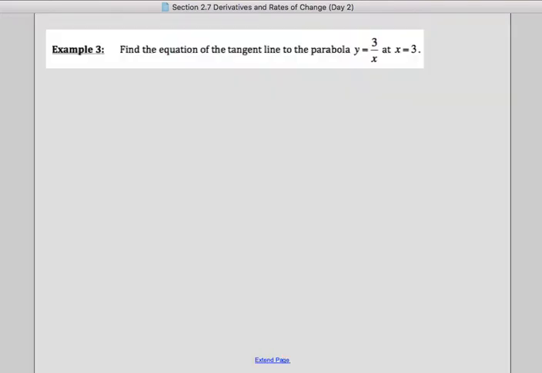Example 3 says find the equation of the tangent line to the curve y equals 3 over x at x equals 3. Okay, so we're going to go ahead and use definition 1 here. So that is our limit. I want to write that's the derivative.